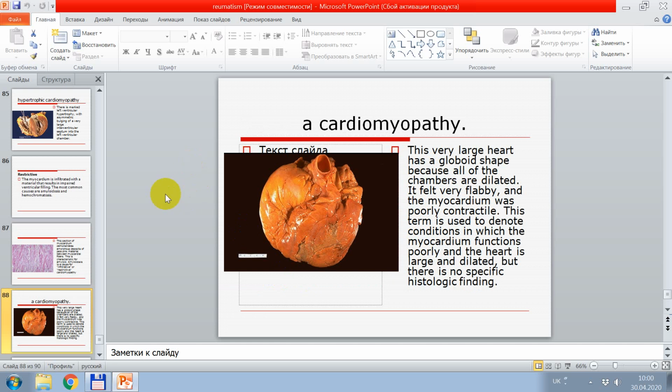These are the macroscopic signs of cardiomyopathy. This very large heart has a globoid shape because all of the chambers are dilated. It felt very flabby, and the myocardium was poorly contractile. This term is used to denote a condition in which the myocardium functions poorly, and the heart is large and dilated, but there is no specific histological finding.